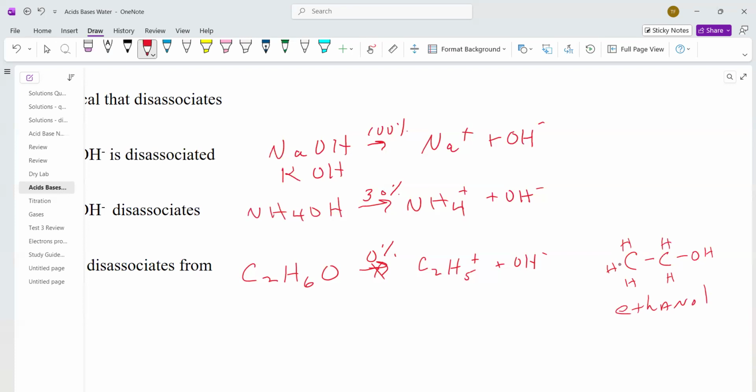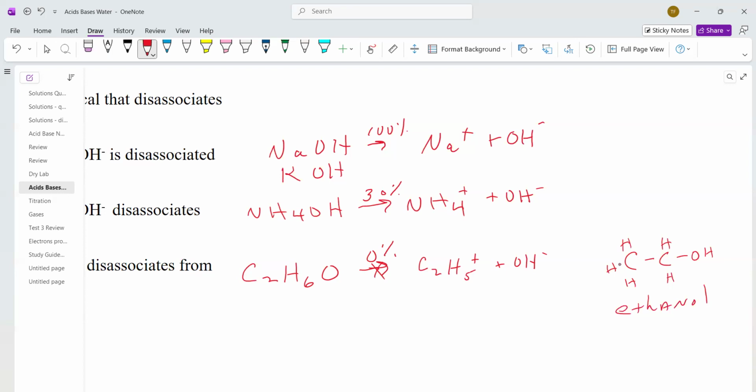That's called drinking alcohol. Vodka, ethanol, 50% ethanol. This has got an OH on it, but it's not a base because the H doesn't dissociate or come off. So strong base, it all comes apart. Weak base, part of it comes apart. Non-base, none of it comes apart.